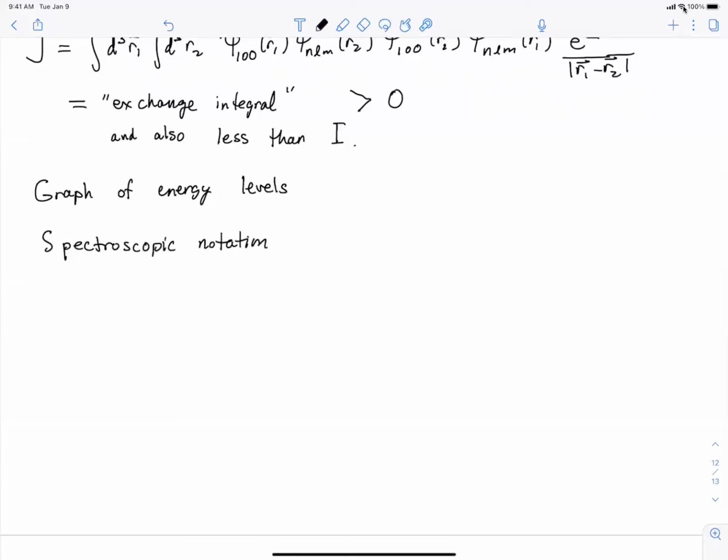And so what that means is there's this code where you write 2S plus 1 as a pre-superscript, and you write L for the orbital angular momentum and J for the total angular momentum. In our case, 2S plus 1, S is always 0 or 1, so this is always going to be 1 or 3. This is always going to be 0.